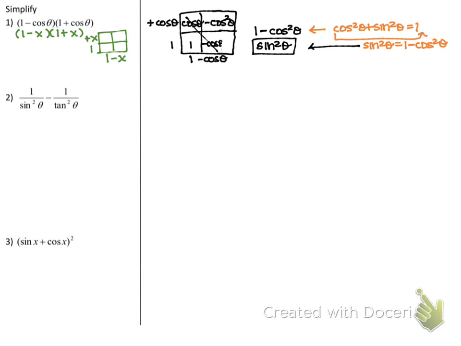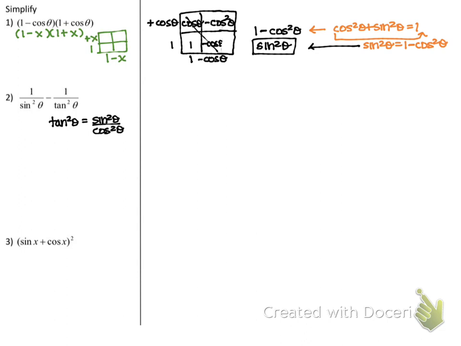And let's take a look at the next one. We have 1 over sine squared minus 1 over tangent squared. Okay, I'm going to go ahead and just rewrite my tangent squared as sine squared over cosine squared.